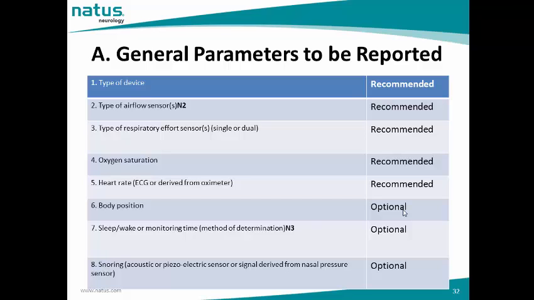Section A shows the general parameters that should be reported when using home sleep apnea testing devices.